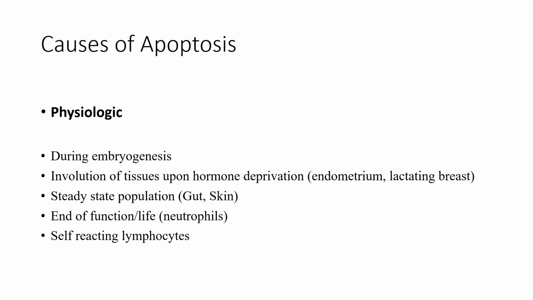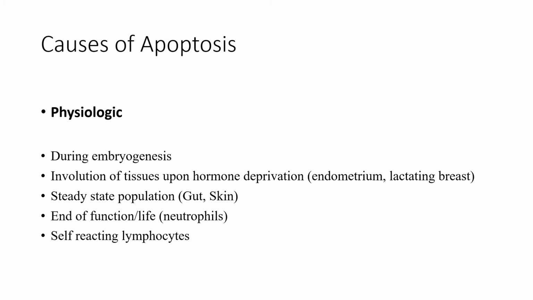The physiologic causes of apoptosis is first during embryogenesis خلال عملية تكون الجنين. دايما في أعضاء جديدة مثلا أو سيلز جديدة بتظهر والسيلز القديمة it will die by apoptosis. Involution of tissue upon hormone deprivation or hormone withdrawal. نفس الفكرة اللي بتصير في حالة الاتروفي.